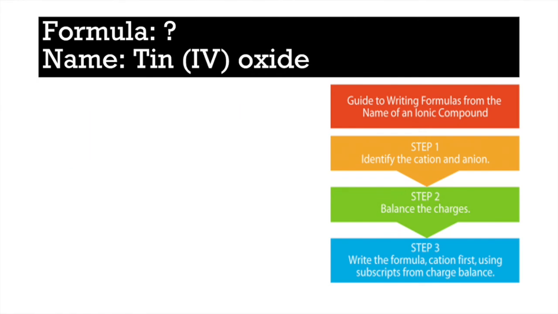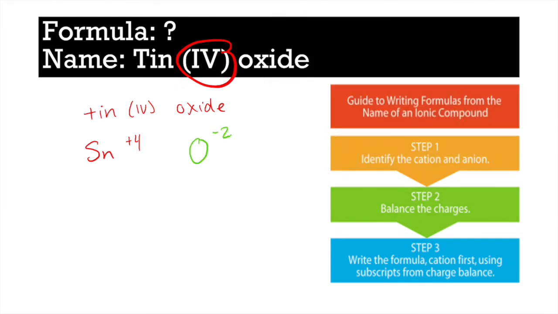So let's try another one. Here we have tin 4 oxide. So what does this Roman numeral 4 mean? That means we're using a +4 charge on tin. So tin is Sn. Again, if you forget that, the table has all the names on it. And then oxygen is O, and we know it's -2.